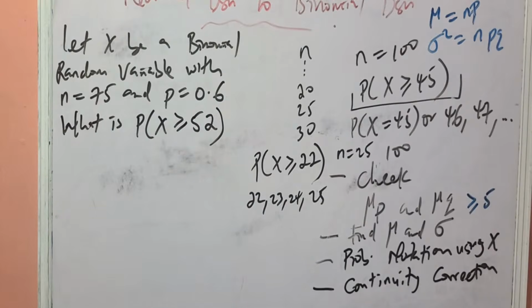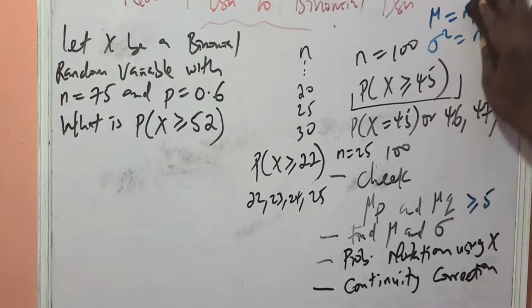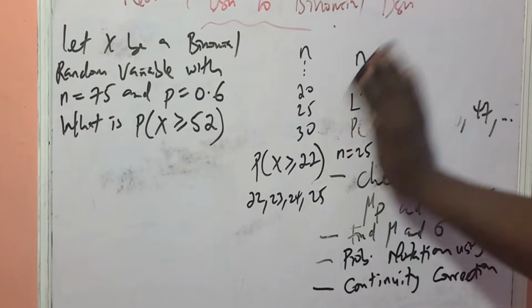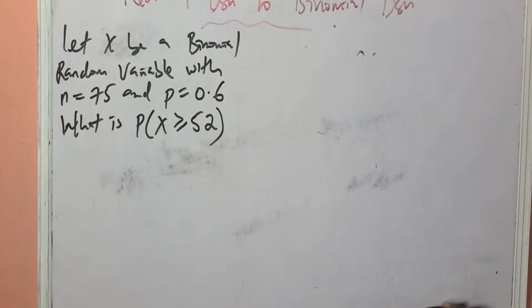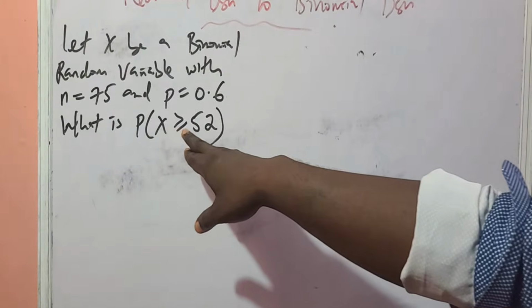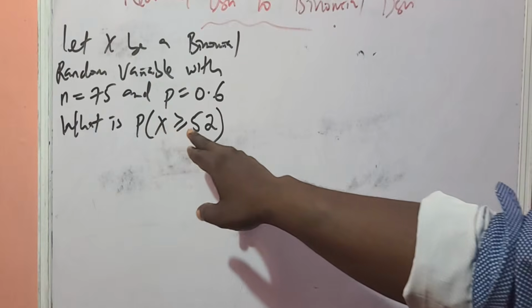Now, if you look at this question, you can see how very precise it is. It looks very simple. If you know binomial, you would want to make an attempt to solve this using binomial. But the issue with that is that the question said for you to find the random variable being greater than or equal to 52.